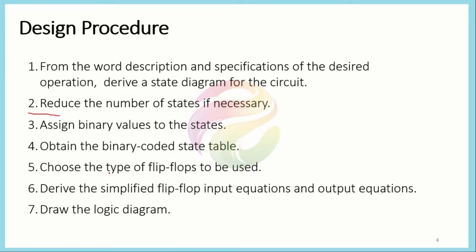Once we have chosen the flip-flops, we derive the simplified flip-flop input and output equations based on the type of flip-flop that we are using. Once we have derived these equations, we can draw the circuit diagram or the logic diagram of the whole process. So we follow this sequence of steps to obtain our final circuit diagram when we are given a certain functionality of the circuit.